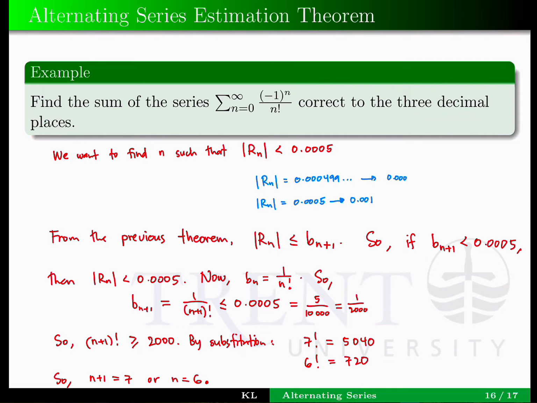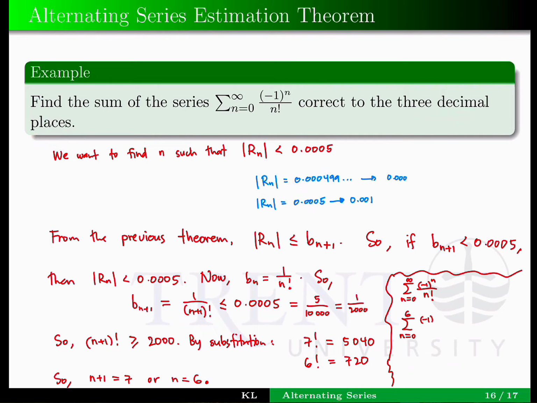So we can verify, you try to verify that this is indeed correct. To verify, let us just put a single note in here. Try to get the value of the sum n equals 0 to plus infinity of negative 1 to the n over n factorial. And then you try to get the sum from n equals 0 up to 6.